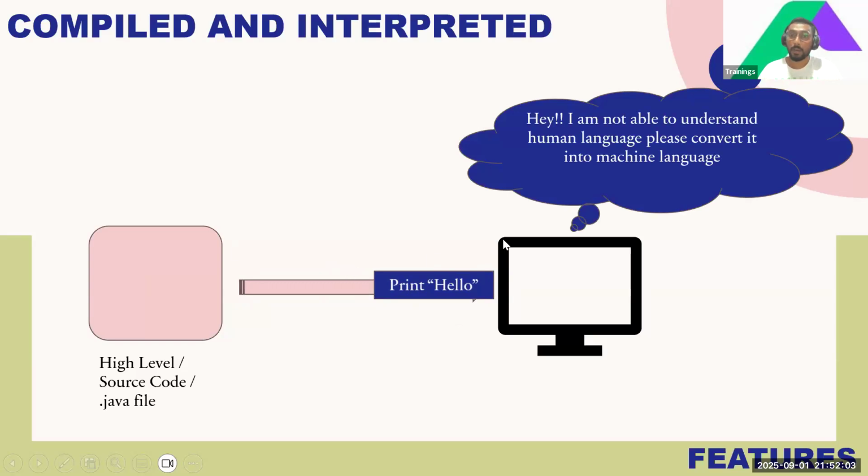Now, if you want to travel to Japan or China, you will start learning Japanese or Chinese, or you will hire a translator or a tourist guide who knows your local language and their local language as well. Once you travel with that translator, the translator will convert your language into their local language and their local language into yours. Yes or no?